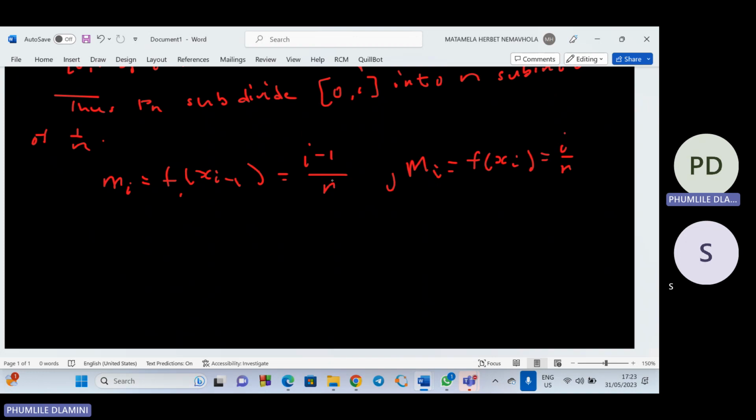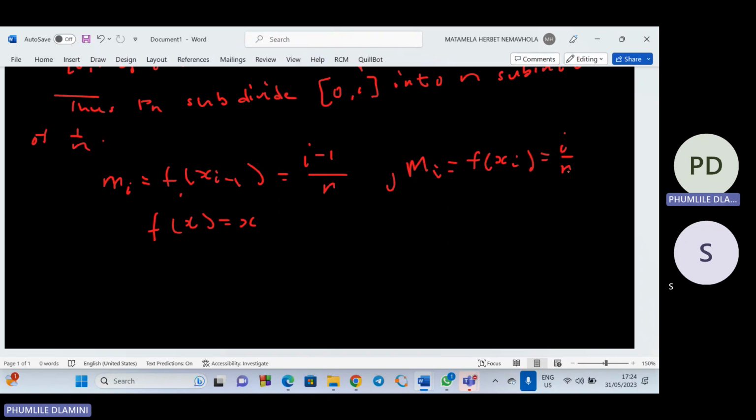Because when we substitute x i minus 1 into our f of x, remember f of x equals x, so when we substitute i minus 1, we get the subinterval, we divide by n. When we substitute i into that equation, we divide by n.